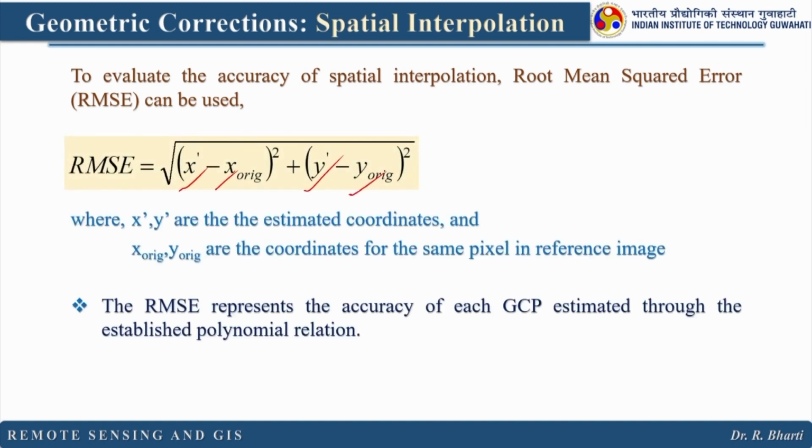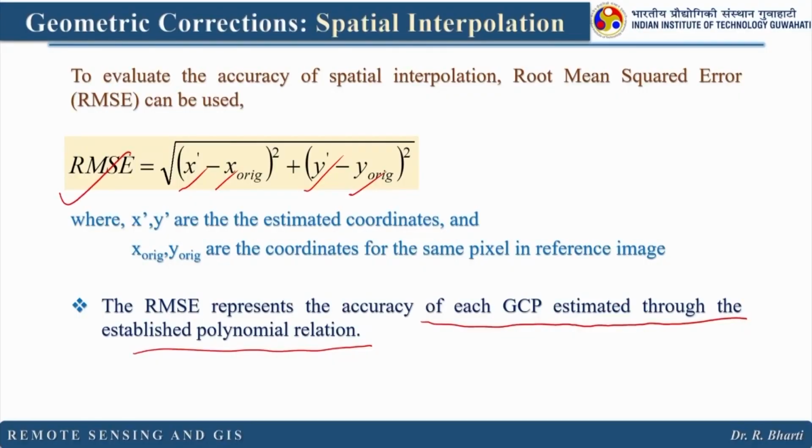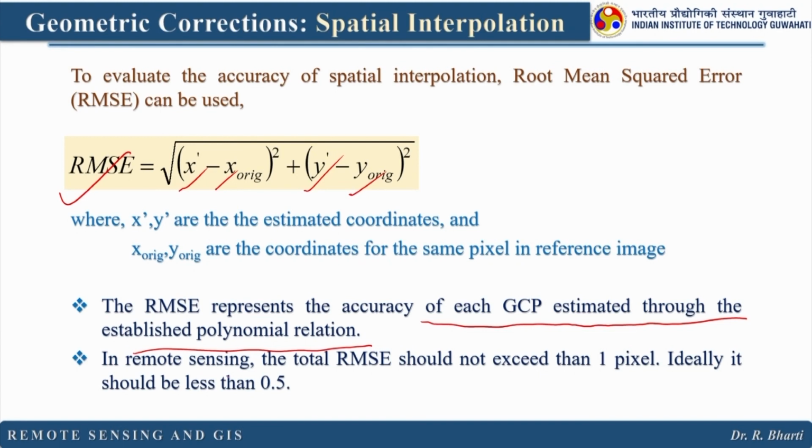The RMSE represents the accuracy of each GCP estimated through the established polynomial relation. So, what is the predicted or calculated one for the target image? In that case you need to find out the RMSE, and in remote sensing the total RMSE should not exceed 1 pixel.